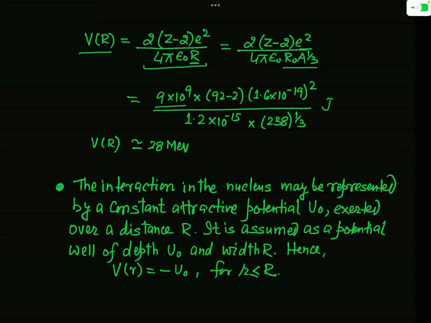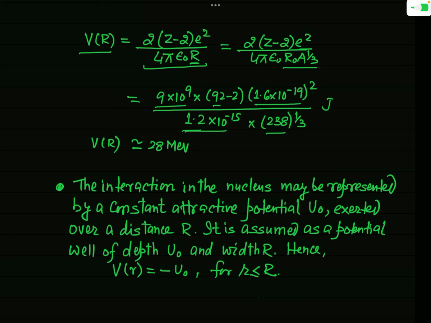Z for uranium is 92, so 92 minus 2 here, and e square will be 1.6 times 10 to the power minus 19, squared. And r naught is 1.2 fm, so this is 1.2 times 10 to the power minus 15 meter. And A for uranium-238 is 238 to the power 1 by 3.